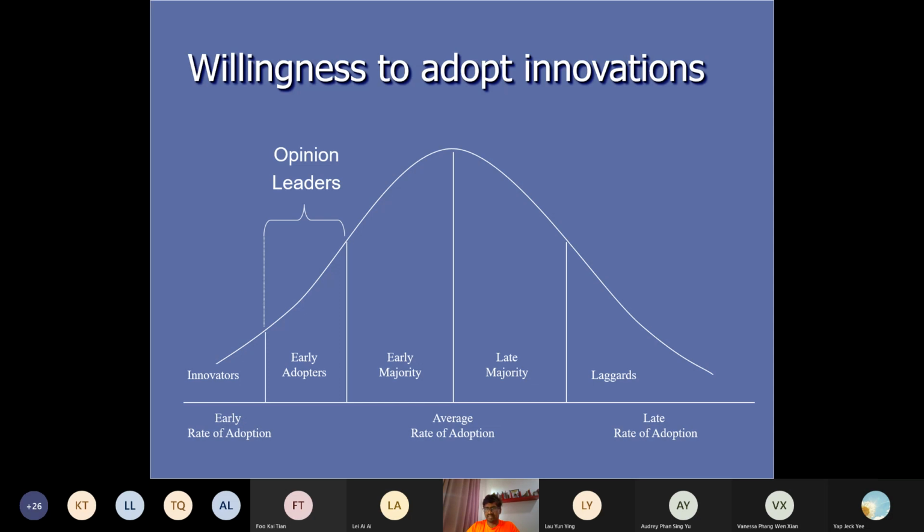So they take the risk there, because they are willing to try the new product or new treatment or lifestyle or any fashion trend that is introduced into society. The second one is the early adopters.